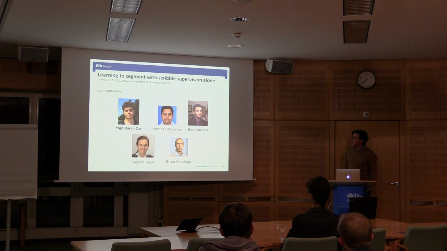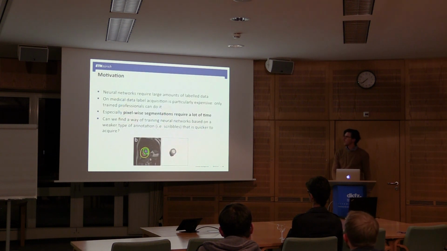All right, so the last part of my talk is about a method that we presented recently at the workshop at MICCAI. And it's about training a neural network with scribble supervision alone. The motivation for this problem is that, as you all know, training neural networks requires loads of data.